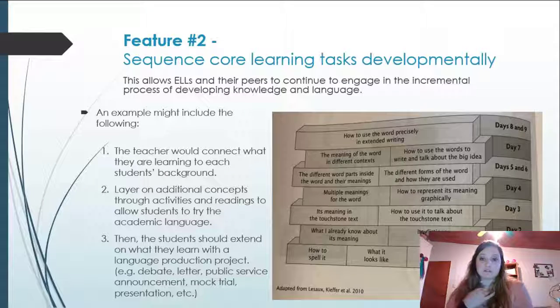So it's just what it can mean in different contexts. And then how to use the words to write and talk about the big idea. And then days 8 and 9 are how to use the word precisely in extended writing. So that's the deeper learning of the word. They're getting to not only know the definition, but how to use it elsewhere and how to write about it.